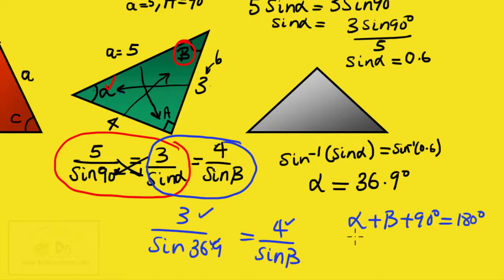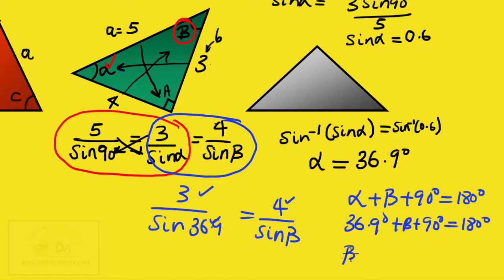So alpha, which is 36.9 degrees, plus beta plus 90 degrees must be equal to 180 degrees. That means that beta is equal to 180 degrees minus 90 degrees minus 36.9 degrees. And that gives that beta is equal to 53.1 degrees.